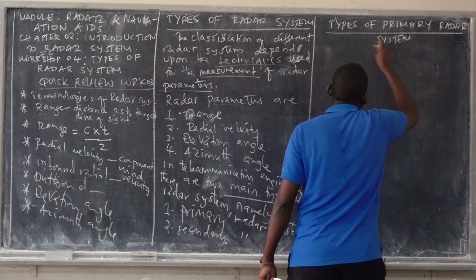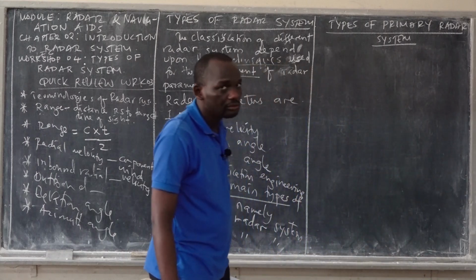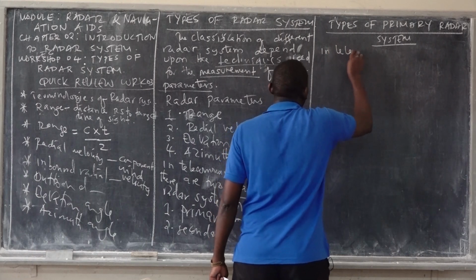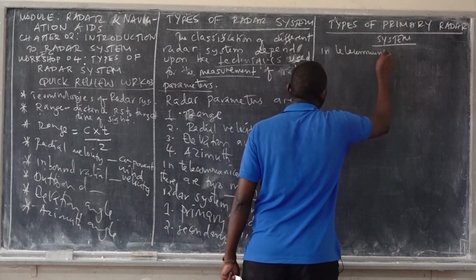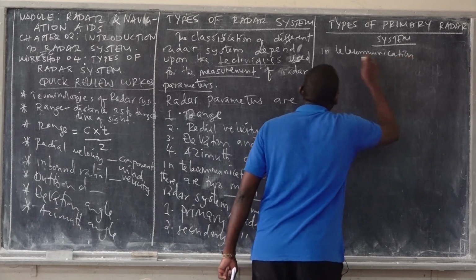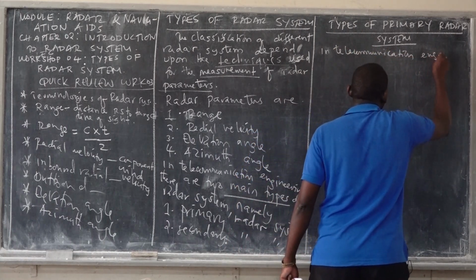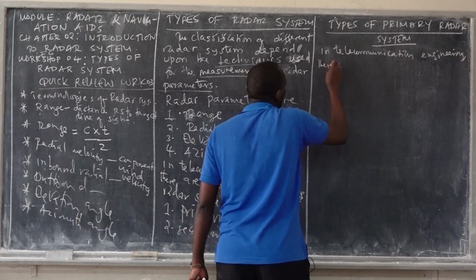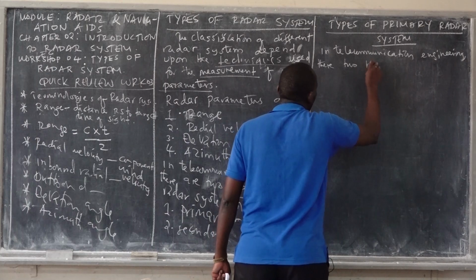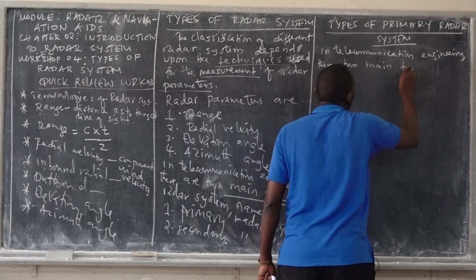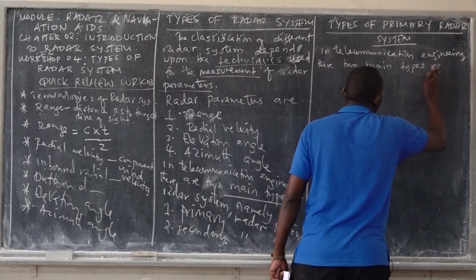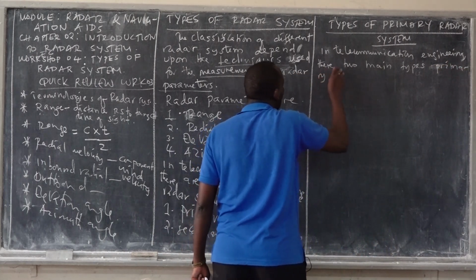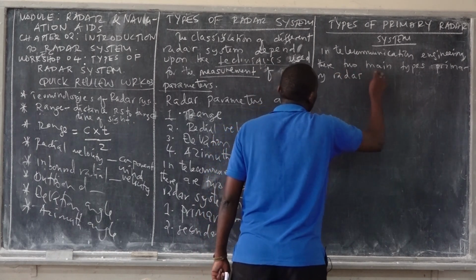Again, in telecommunication engineering, there are two main types of primary radar system.